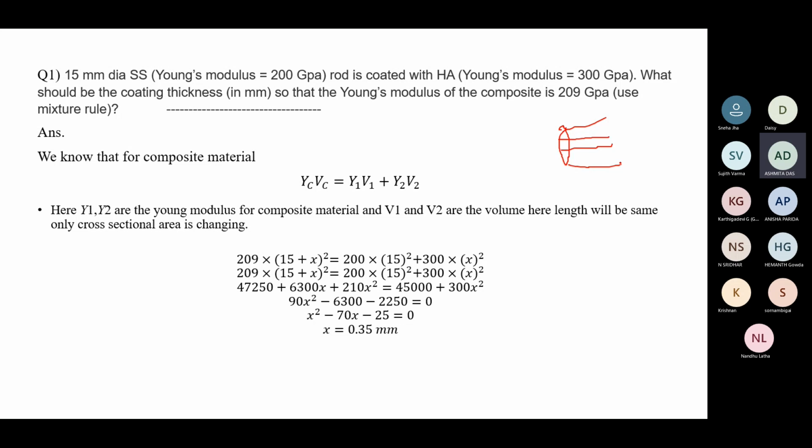The length will be equal in all the cases: for the coating as well as the rod, and for the composite, the length will be equal. So if we go by the formula, what is the formula of the volume for a tube or a cylinder?